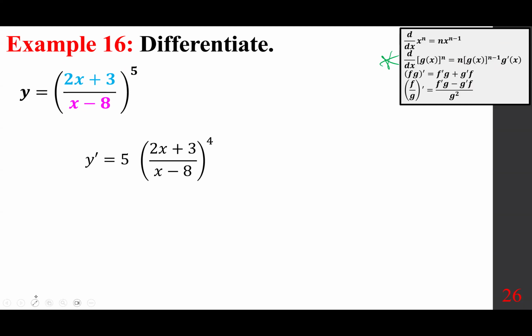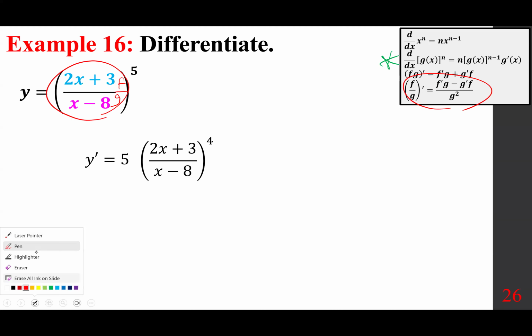So we are going to call this one f over g. And for this fraction, we're going to use the chain rule with the quotient rule: f prime g minus g prime f over g squared.